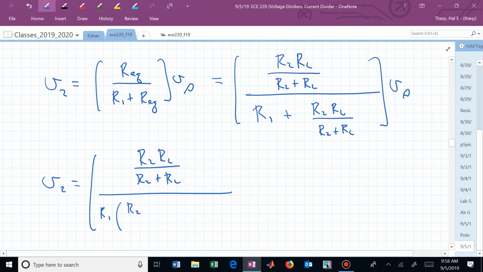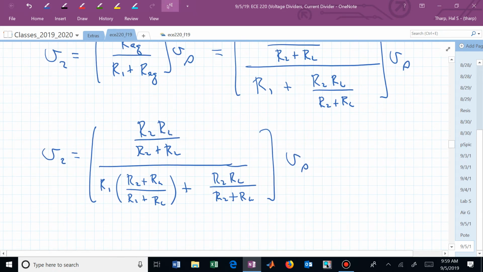And here's our multiplication by 1. And we now have R2RL over R2 plus R sub L. That's just 1, R2 plus R sub L over R sub 2 plus R sub L. And now, the reason I did that, you're just making it worse.